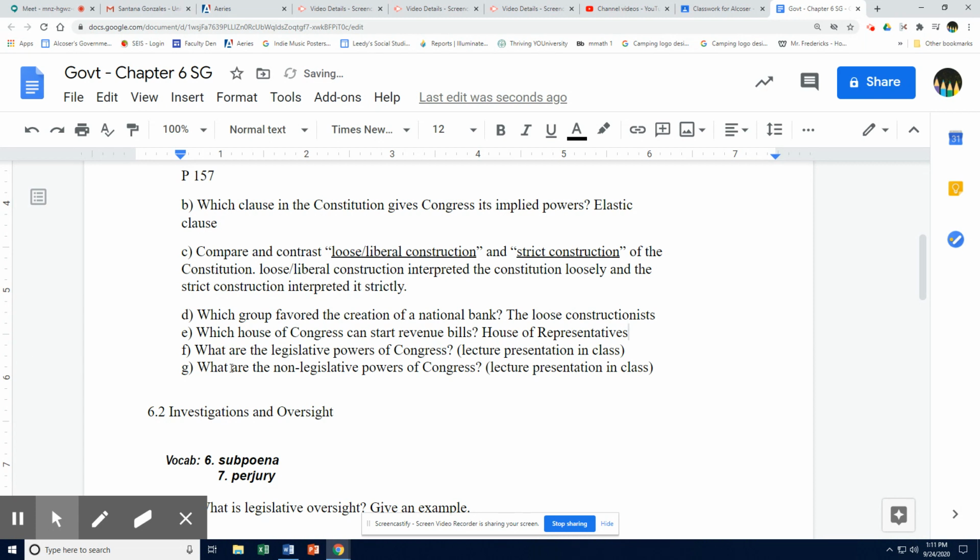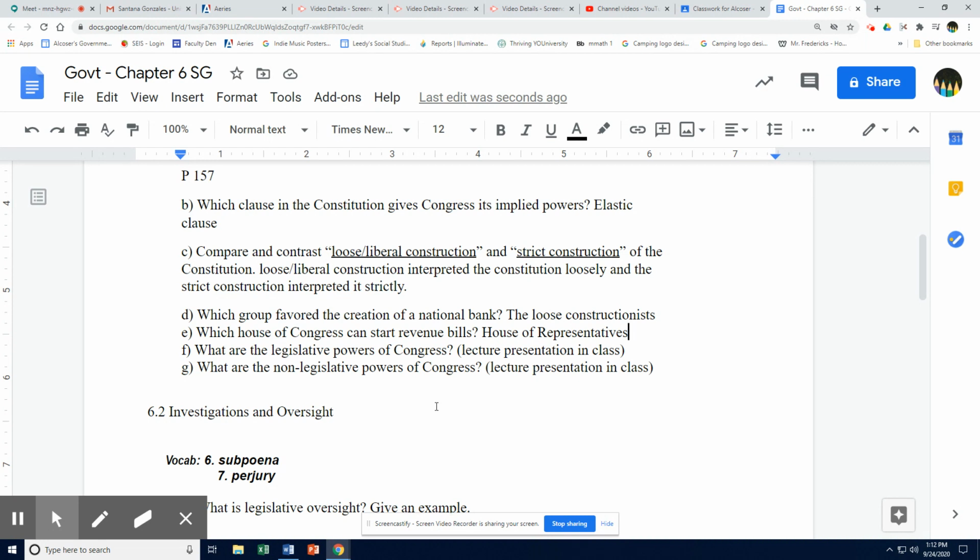What are the legislative powers of Congress? This was a lecture presentation in class, so you'll have to go back to your notes. It says, what are the non-legislative powers of Congress? This was also a lecture presentation in class. So let's see if there's anything in the book on it. I see on the same page, 158, in the middle of the page, it says legislative powers.